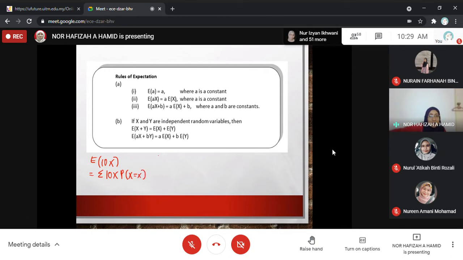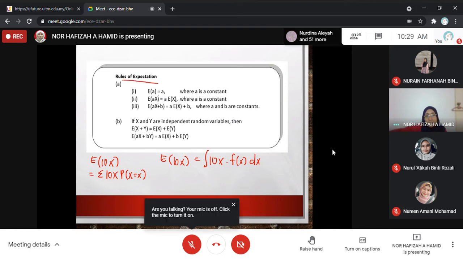Sama juga kalau continuous. You nak calculate, dia akan jadi E10x, dia equal to integrations of 10x times with fx dx. Okay. So kalau you tak nak pakai formula, sebab formula ni mungkin dia boleh jadi panjang sebab you kena kira balik substitute value semua. You boleh juga solve using rules of expectation. Ni macam shortcut dia. Okay.